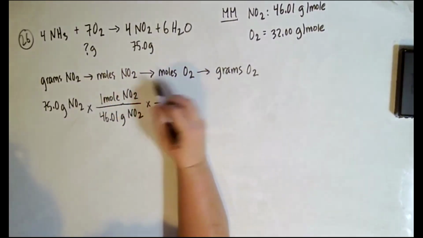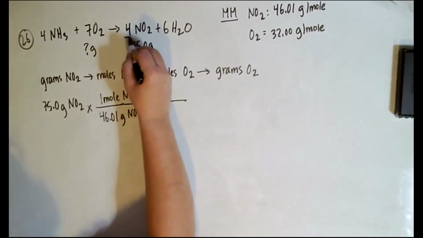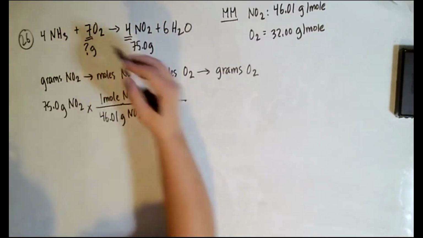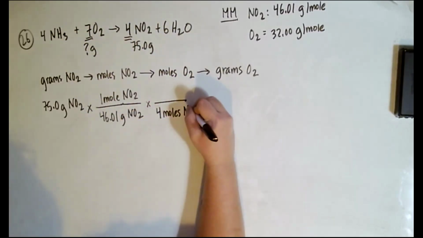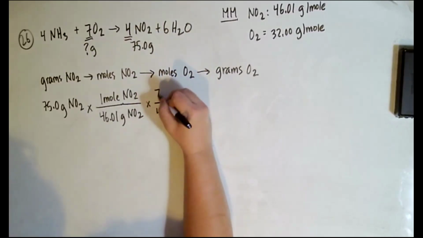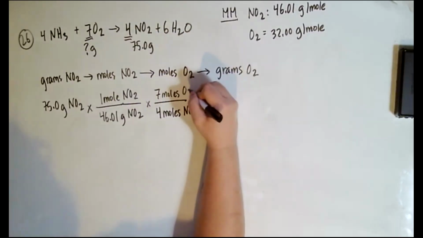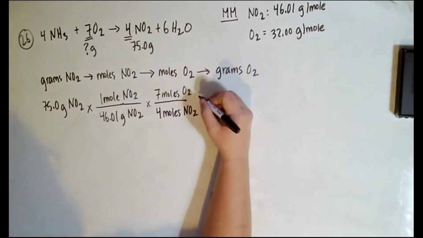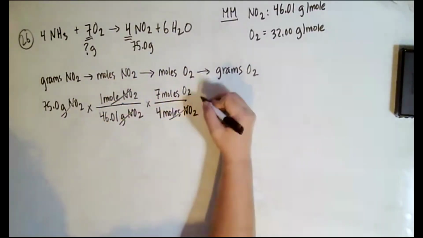My second step, I'm going to be relating moles of NO2 to moles of O2. So this is where I use my coefficients. There's 4 moles of NO2 that are produced for every 7 moles of O2 that are reacted. We can watch our units cancel out as we go.